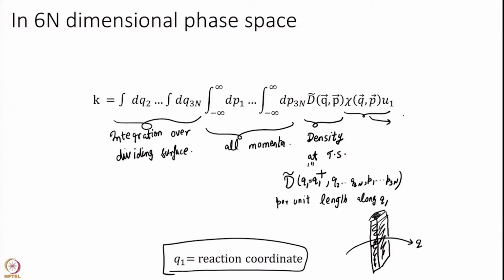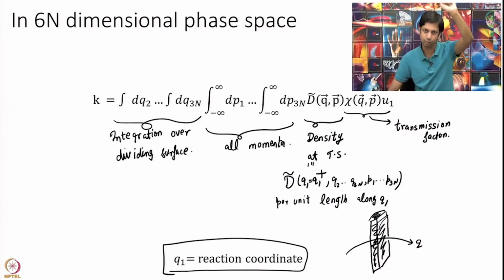Chi is what we defined as transmission factor, that is if I am at a transition state at some point with some speeds or momentum, what is the probability that that point originated from the reactant and will end up in the product.